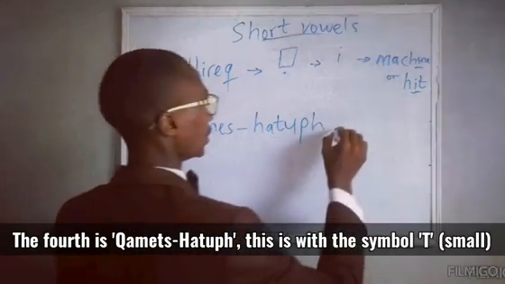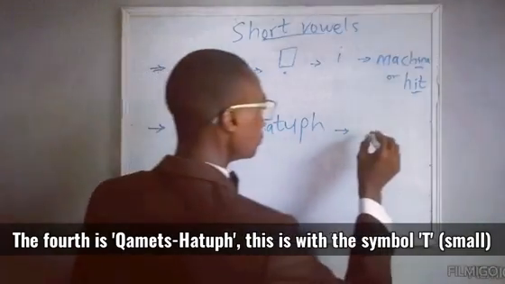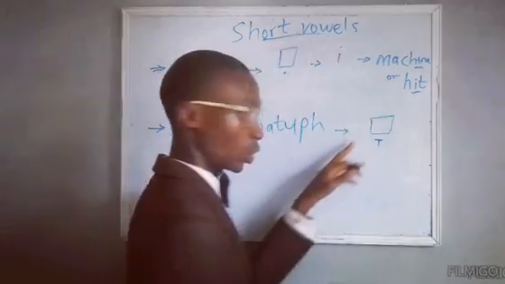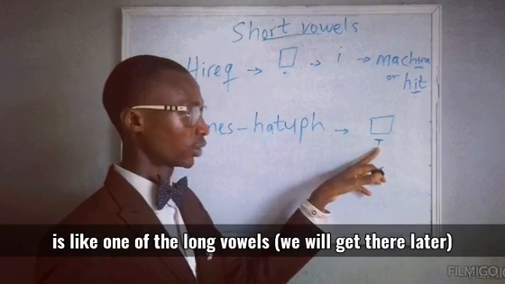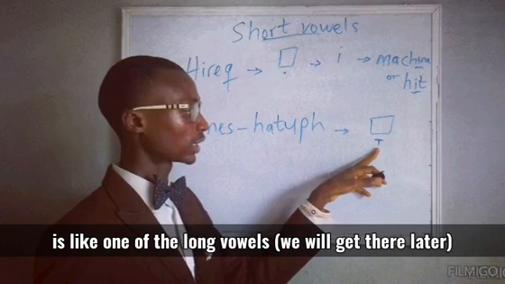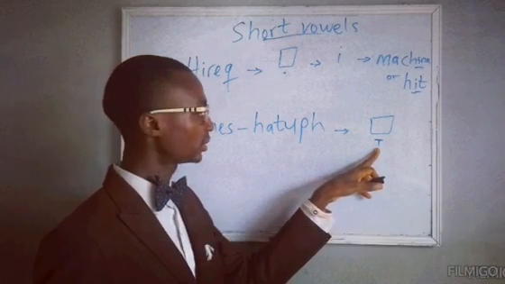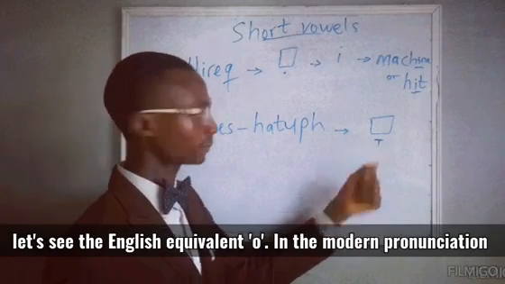So this is with the symbol T, small t, as many as the consonants. This Kamet Hatef is like one of the long vowels. We'll get to that later, so this is the symbol of the Kamet Hatef.